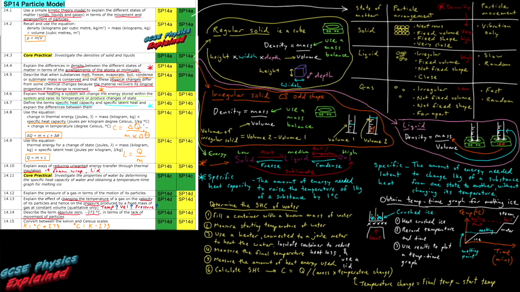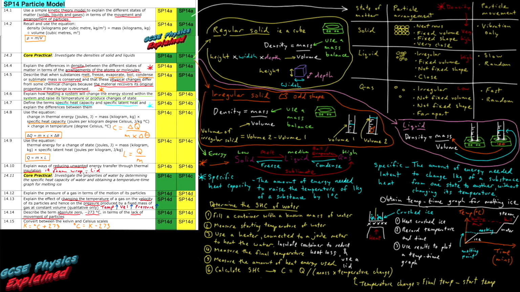If you know how much energy you're putting into a liquid or a solid, and you know the mass and how much its temperature has changed, then you'll be able to work out the specific heat capacity. Use the equation Q equals m times L. That's the amount of thermal energy needed for a change of state, the mass times the specific latent heat.